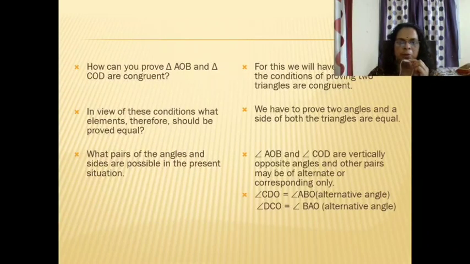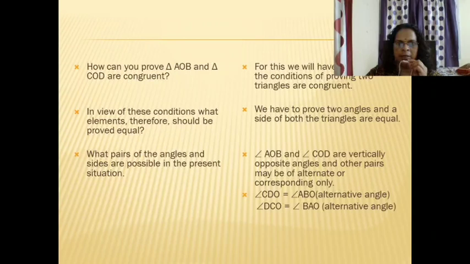We have to prove two angles and a side of both angles are equal. Here they find out that if we have two angles and a side, they can prove the triangles congruent. So what pairs of angles and sides are possible in this present situation? In these triangles, which are the angles we can take and how can we prove them equal?